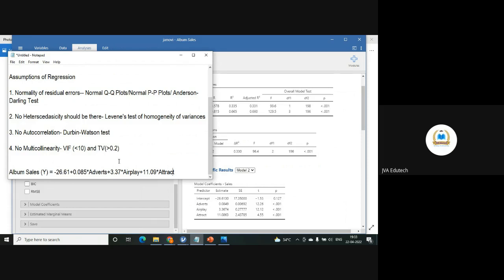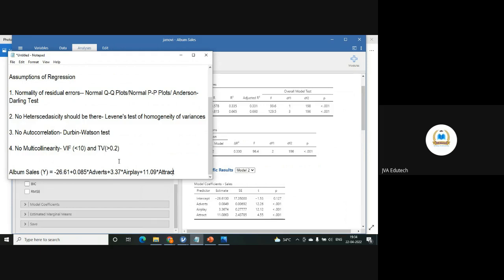Now, if you see this, it is telling me that if advertising budget is increased by 1 unit, it will predict 0.085 units of albums will be sold, and these are in thousands of units. So if we spend 1,000 pounds, the albums sold will be 85.